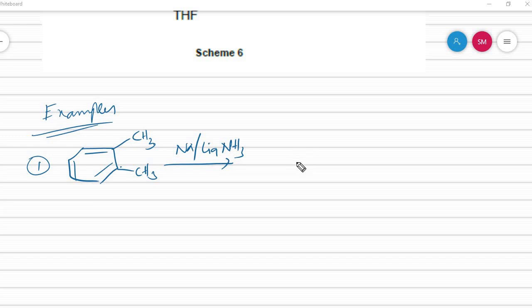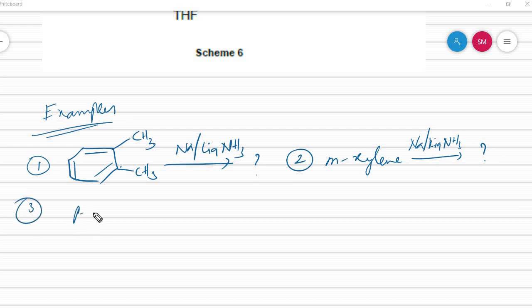Question 1 and question 2: if it is meta xylene and the reagent is sodium in liquid ammonia, what would be the product? Now if it is para xylene, what would be the product?